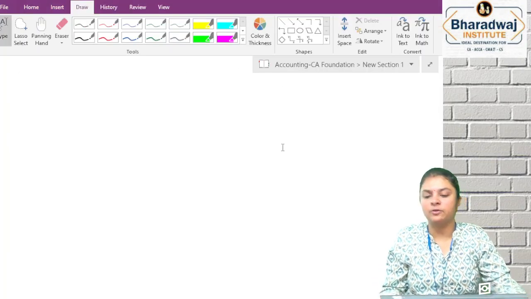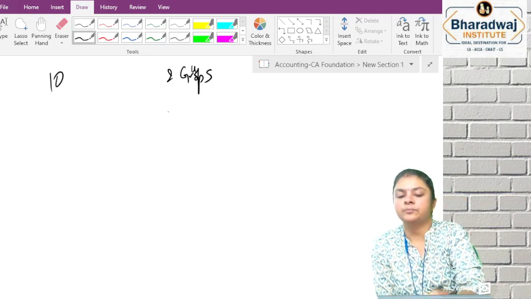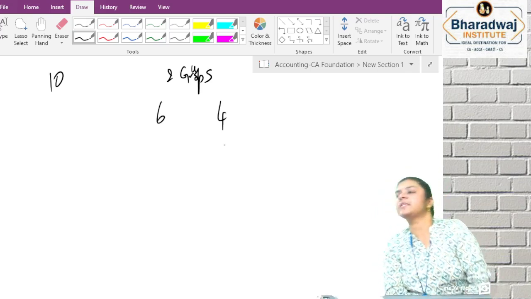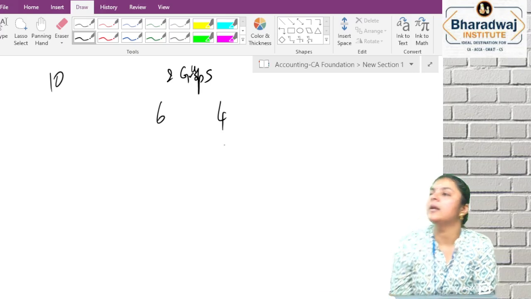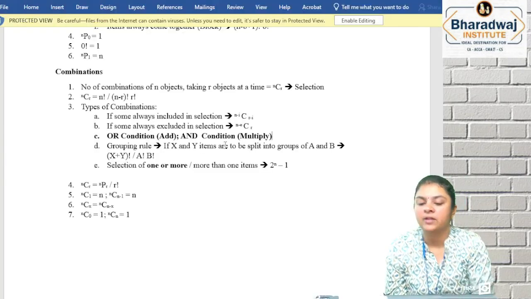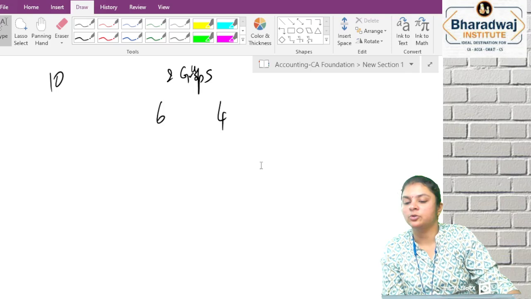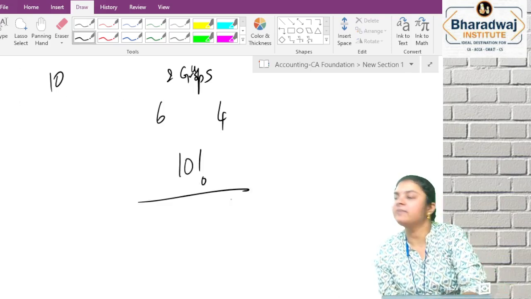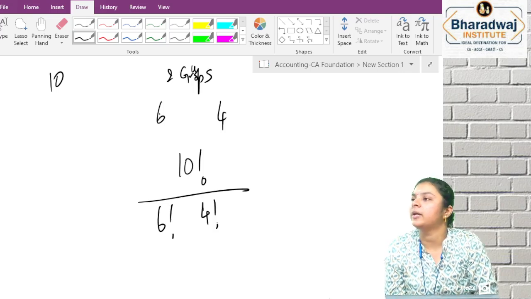So if I give you 10 persons, 2 groups, it could be 2 equal groups or probably a group of 6 and 4. Example, if the question says into groups of 6 members and 4 members, then what is the number of ways in which the total arrangement can be made? The total arrangement, if X and Y items are to be split in the groups of A and B. So total number of items here is 10, so 10 factorial divided by the groups factorial, 6 factorial and 4 factorial.